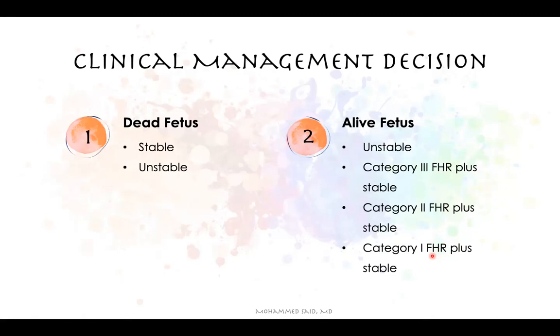So first, where we are going to manage this patient. In general, if you have a patient who is bleeding and you diagnose placental abruption, you will have to admit this patient to the hospital for at least 48 hours. And if they're going to go home, they have to stay bleeding free for at least 48 hours.